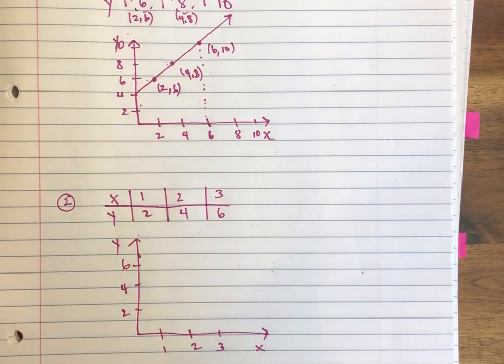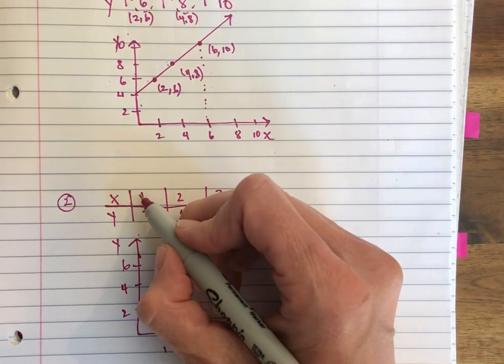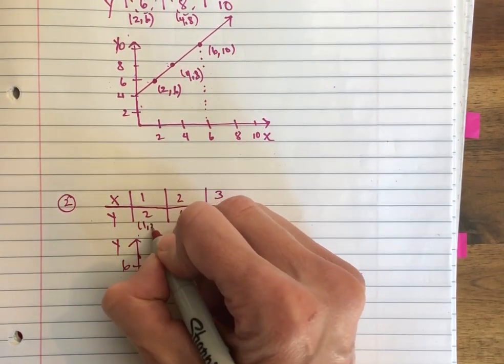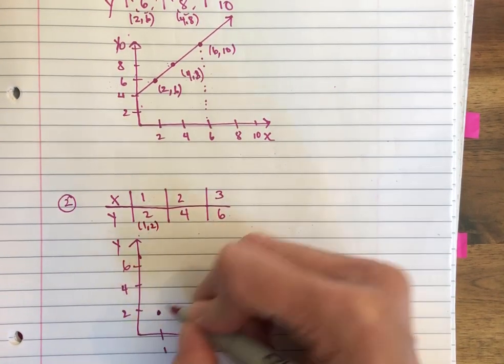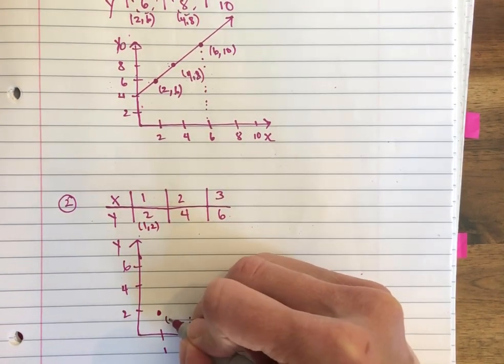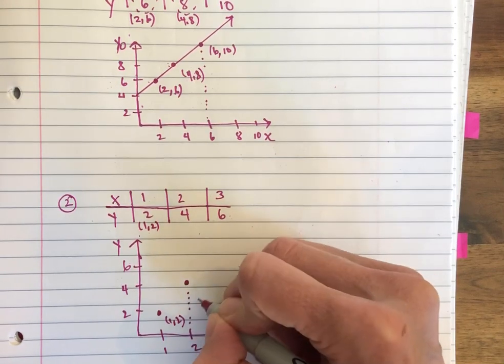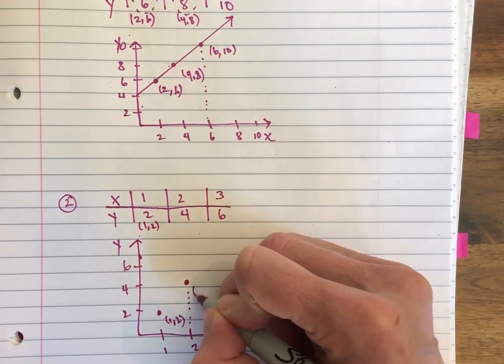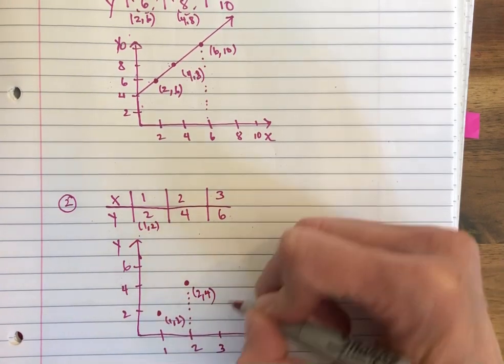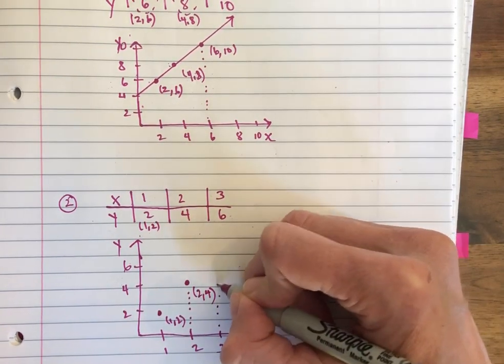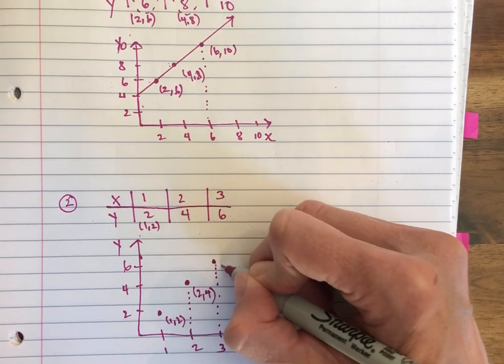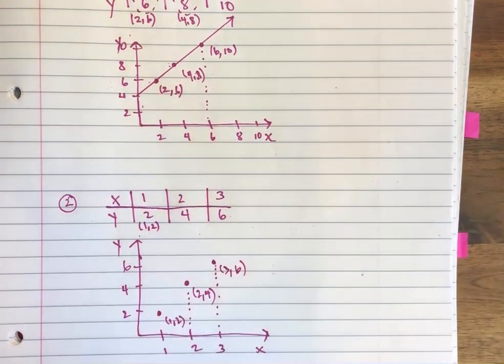Okay, and then we will plot these ordered pairs. So the first ordered pair is 1, 2. Second ordered pair is 2, 4. Third ordered pair is 3, 6.